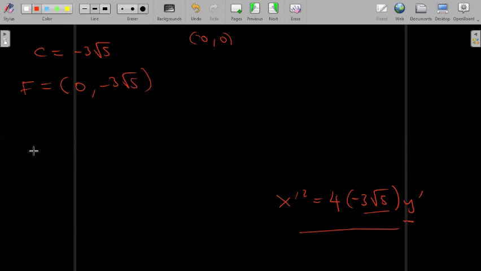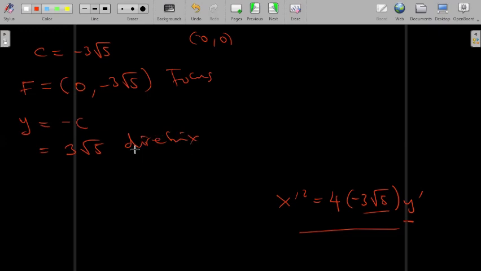Then I know that my directrix is going to be negative c, and so c here when I replace, this changes to be positive now. This will be y equals 3 root 5. So this is going to be my directrix.